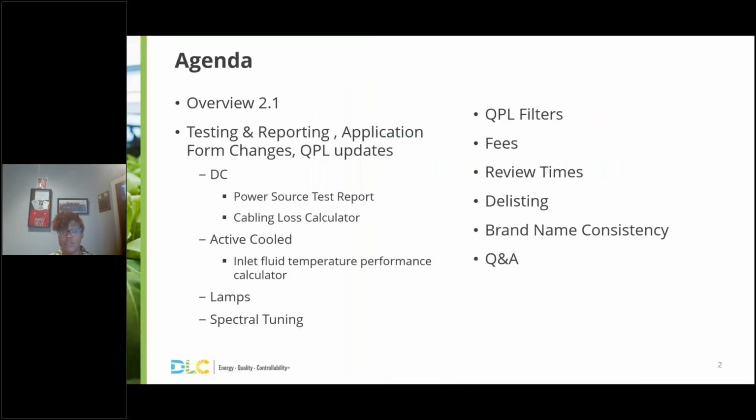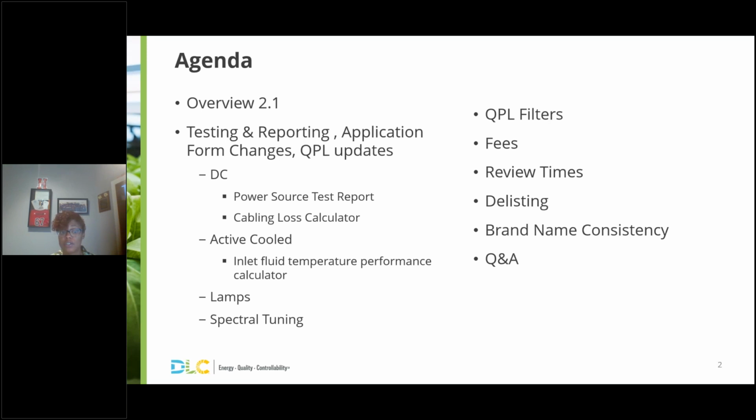Today's agenda, we'll do a quick overview of what's included in version 2.1. And then we'll go through the testing and reporting, application form changes, and QPL updates for the different categories that are now available in version 2.1, which include DC products, active cool products, and lamps.